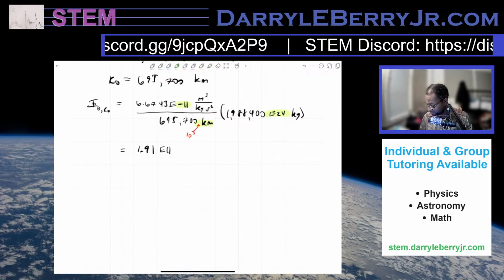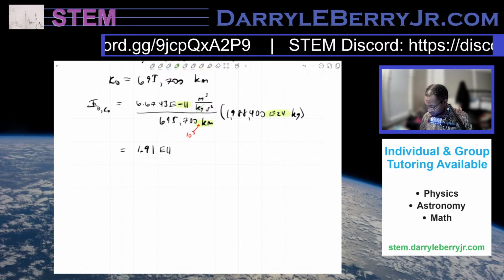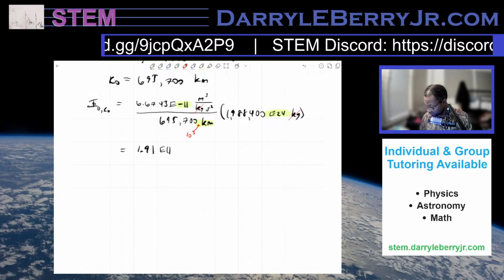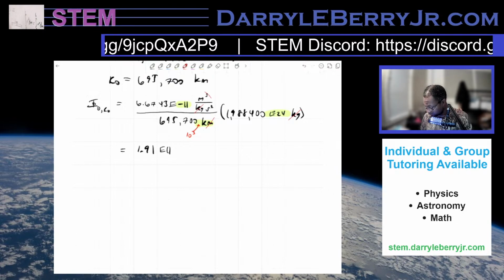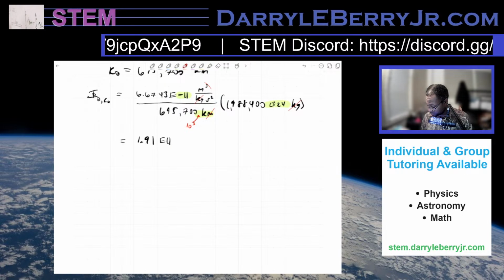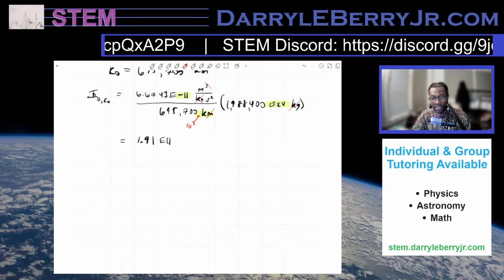So when I cancel these kilograms and cancel this meter, that gives me meter squared over second squared. That can't be right. Maybe I put my gravitational constant units wrong.